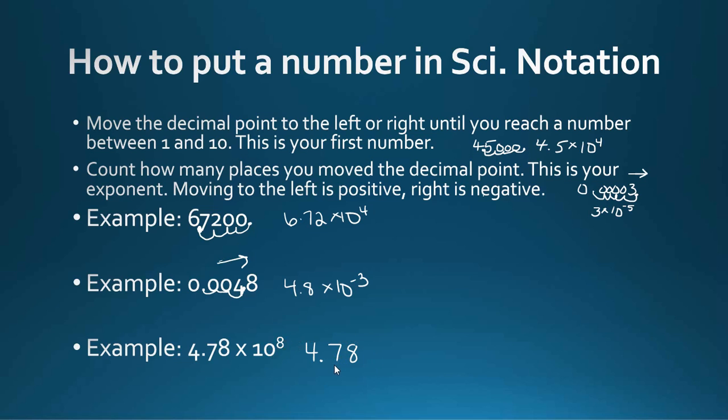I've already got 2 spaces here, then 1, 2, 3, 4, 5, 6, 7, 8, and then I just fill in my zeros. There's our number. Going either way is not difficult. Just make sure you understand that we're not adding 8 zeros here, but we're adding 8 places after the decimal.